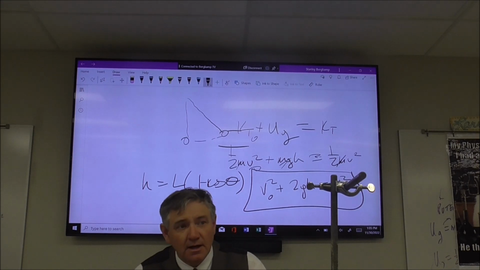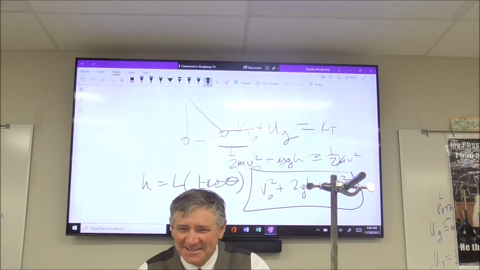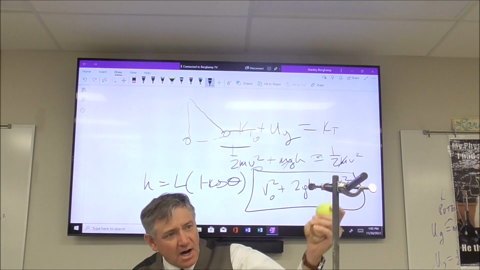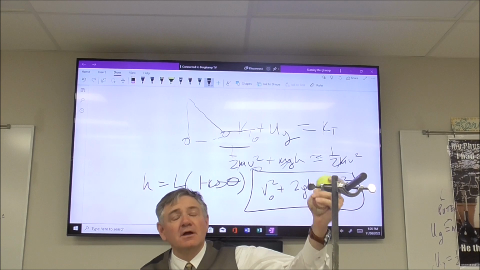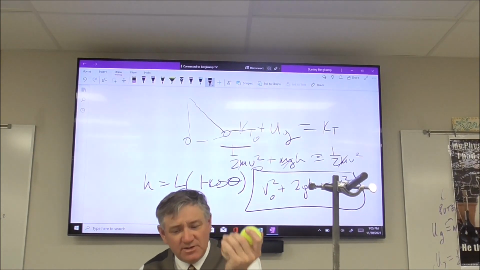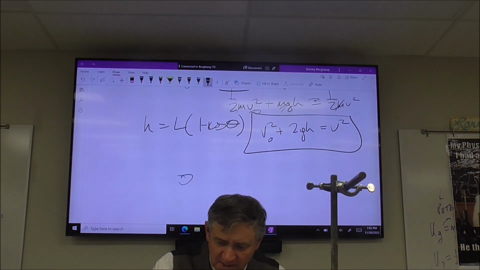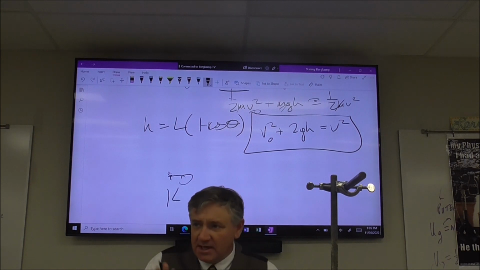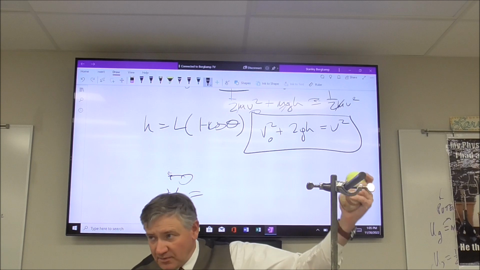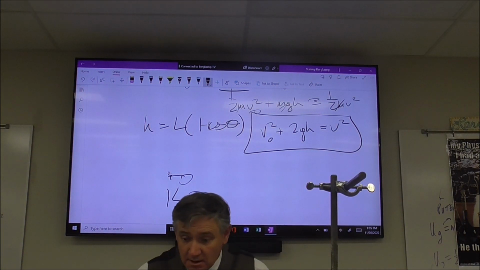Now visualize this. These two are going to swing off and go up together. Again, there's a couple of ways you can view this problem. When those two move off together at the bottom, it has all kinetic energy. When it reaches the top, all of that kinetic energy is going to be stored as potential, UG.